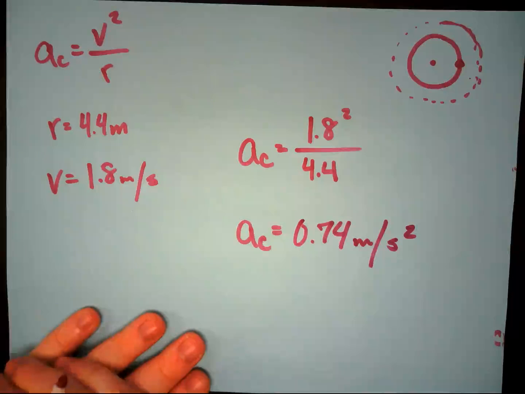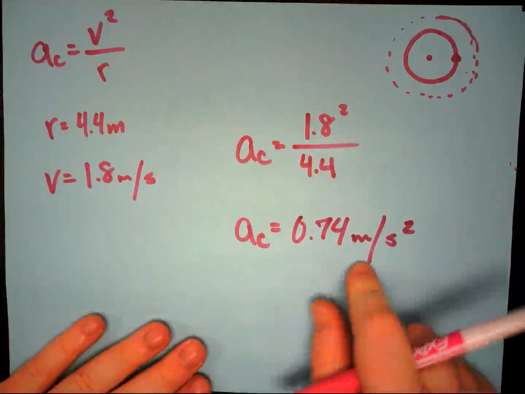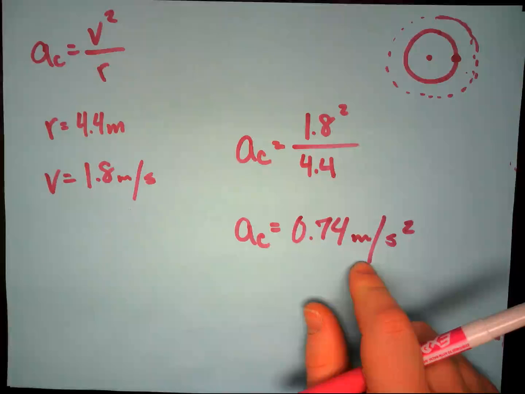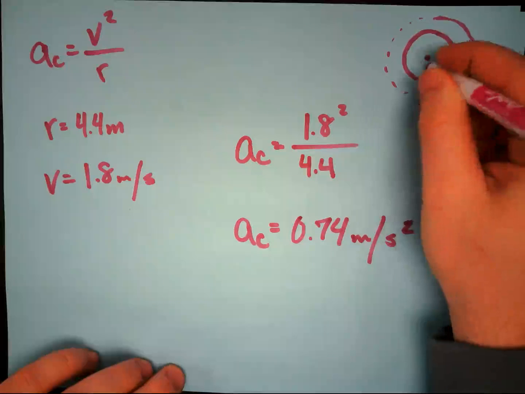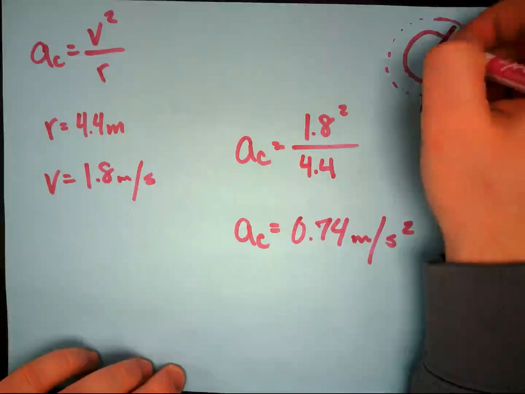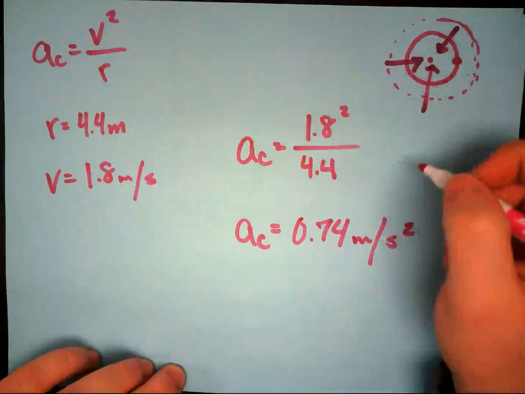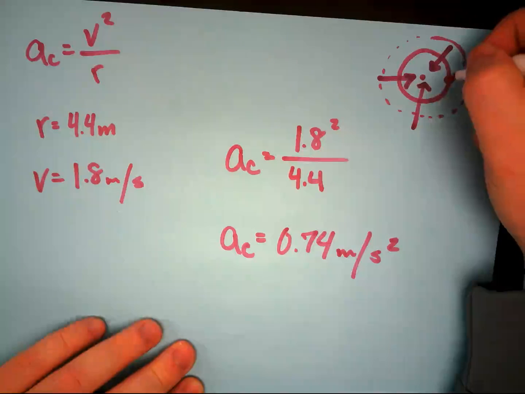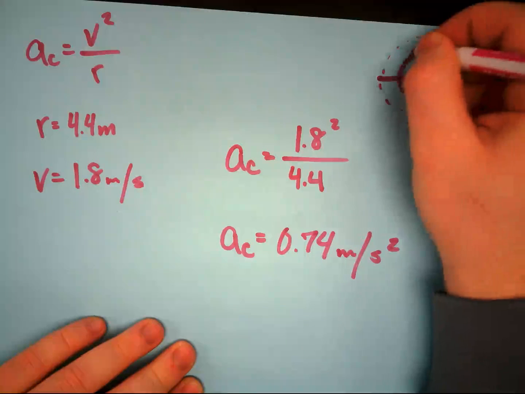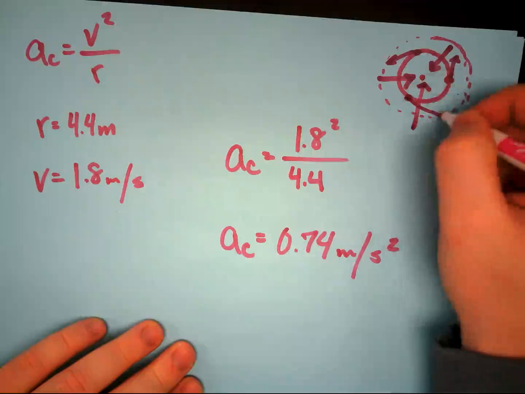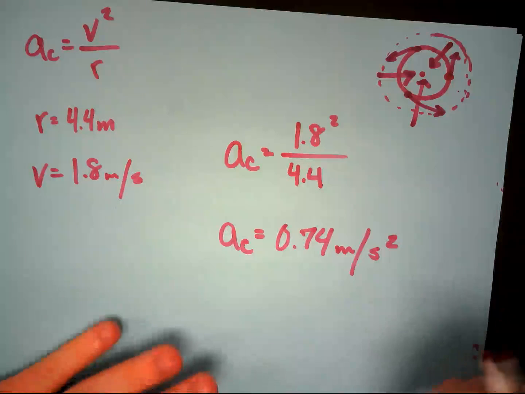Now remember two things. Centripetal acceleration is not treated as a vector quantity, because at any given point it's moving in a different direction, and at every point our velocity has a different direction. So it's a moot point to try to make this a vector quantity.